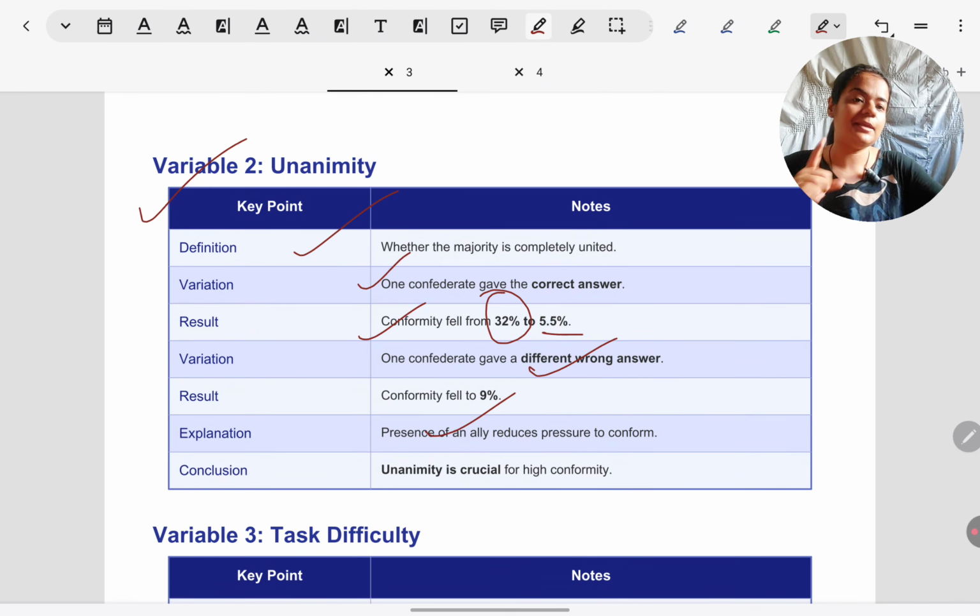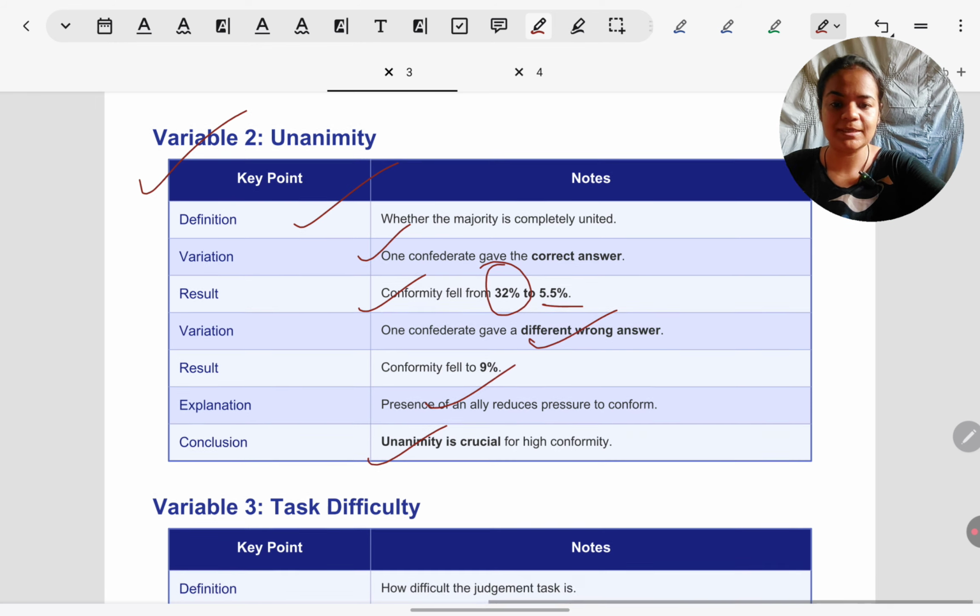Still conformity came down to only 9%. So it doesn't matter whether the person who's breaking the unanimity is giving the right answer or the wrong answer. As long as unanimity is broken, the naive participant will gather the courage to refuse conforming. So unanimity or people being cohesive in the majority is very important for conformity.